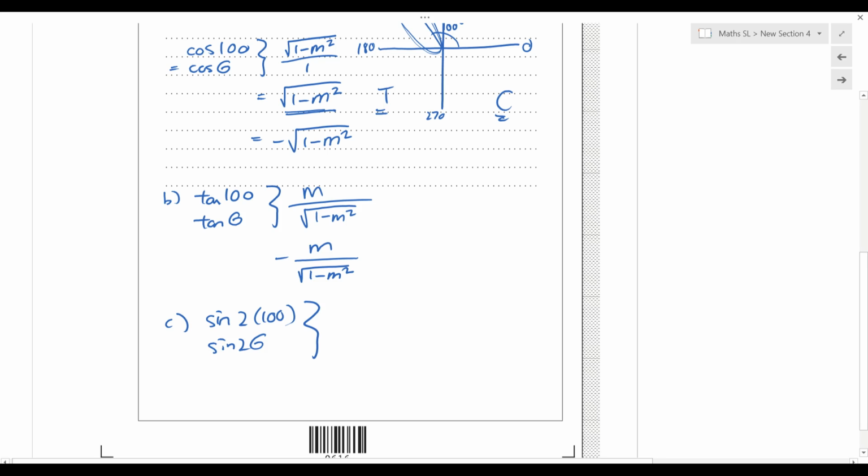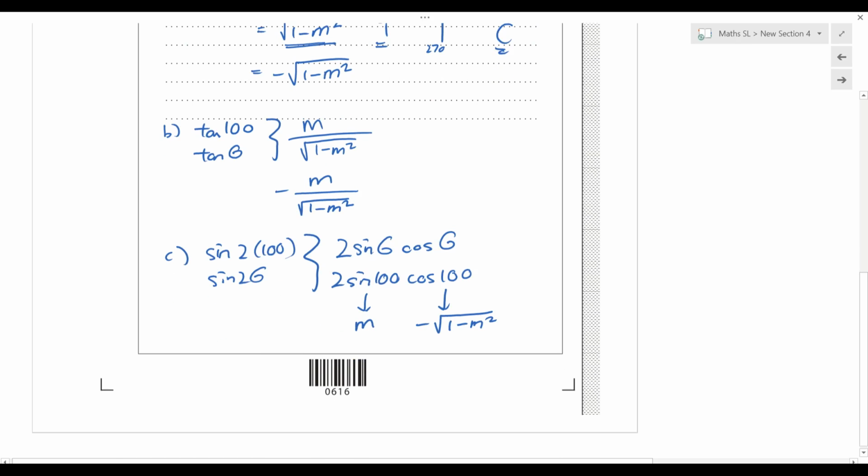Technically, that's 2 sine 100 times cos 100. And we know that sine 100 is m, and cos 100 is minus root 1 minus m squared.